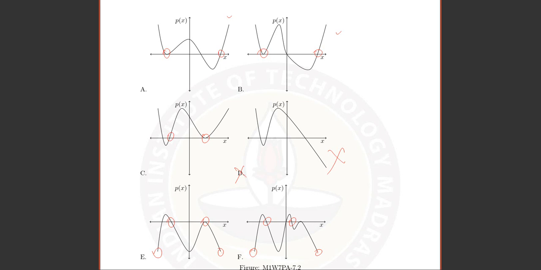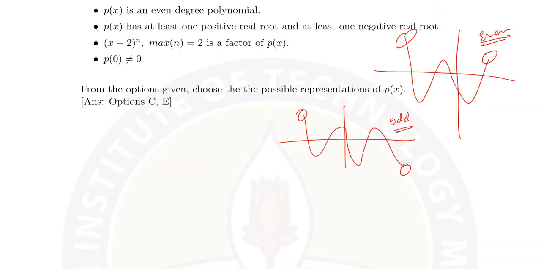Now let's see the third condition given to us. It says x minus 2 to the power of n, which is at most 2, is a factor of p of x.